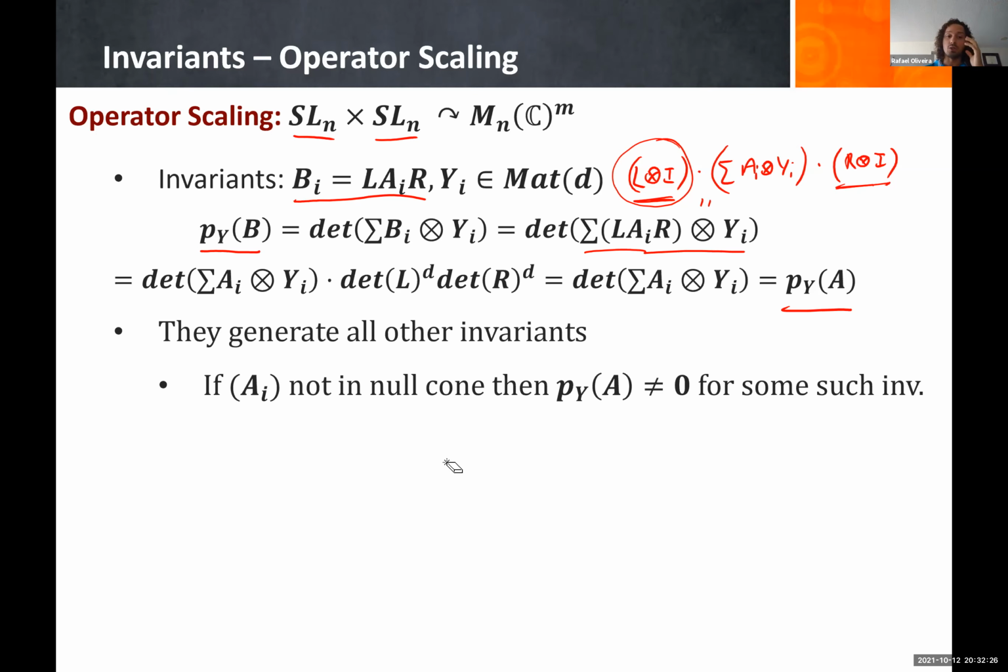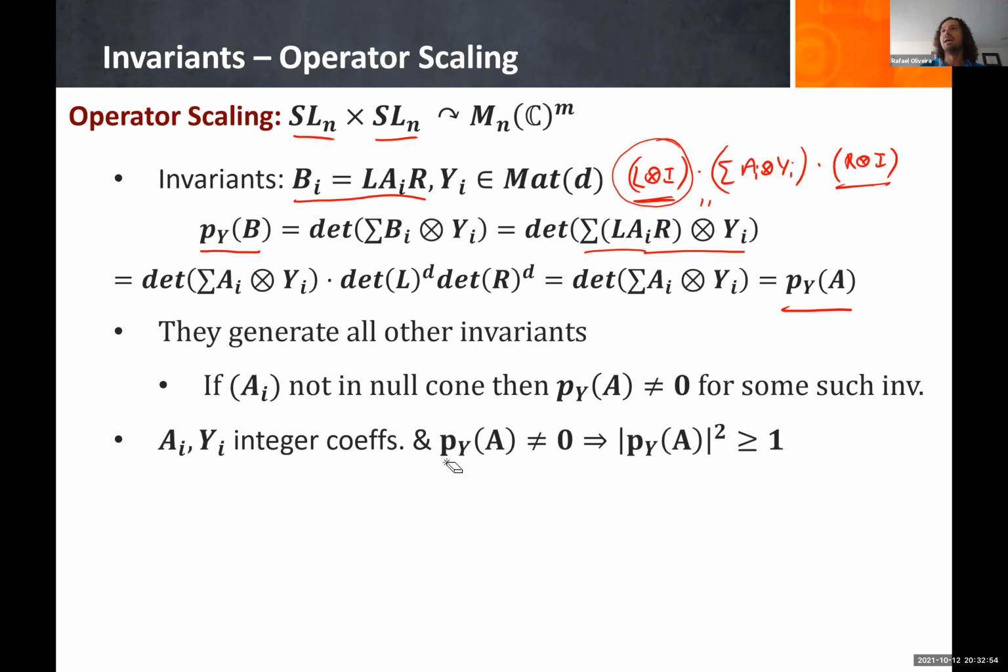So now we know that our tuple A is not in the null cone, by Hilbert's theorem, if and only if P_Y of A is different from 0 for one of those invariants. It could be the determinant, but it could also not be the determinant, right? So there should be a hint that we're not quite there yet. We still have our jobs, right? The grad students still have a future, we haven't been able to solve it.